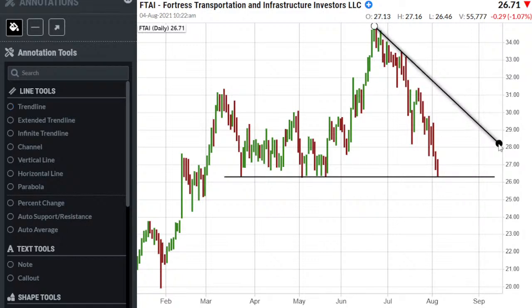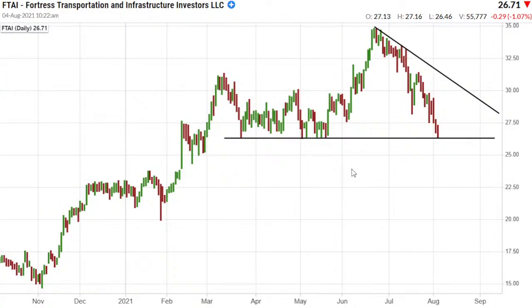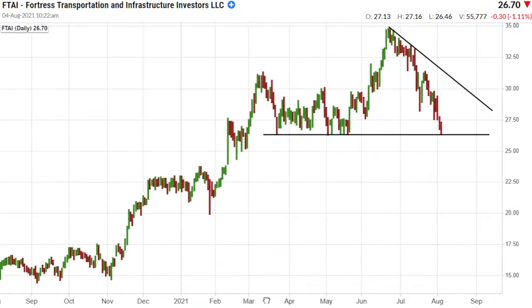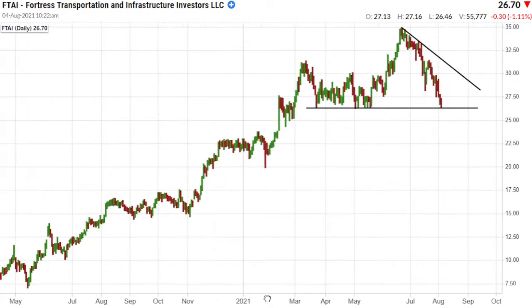Obviously, this thing's going to bounce off of support, or it's going to break down. And of course, I've seen this so many times where you get a little foray below that line and then a bounce back up. But anyway, this is a good candidate to drop off the list too. In which case, we'll only have two pending trades.